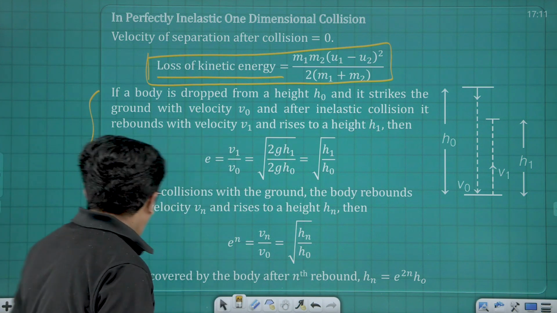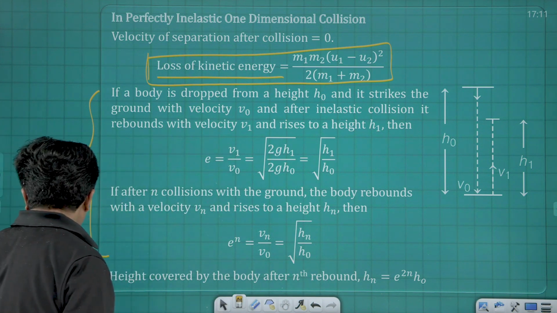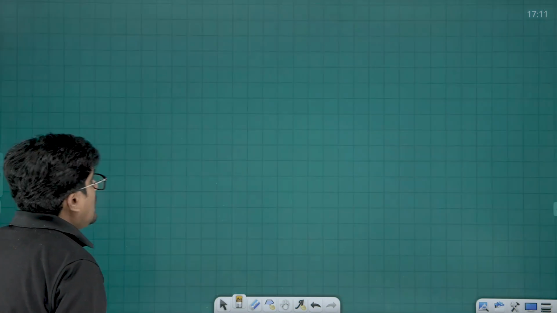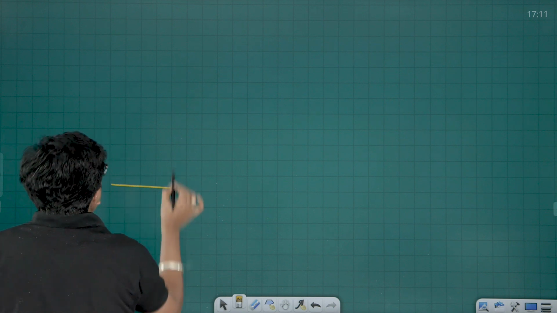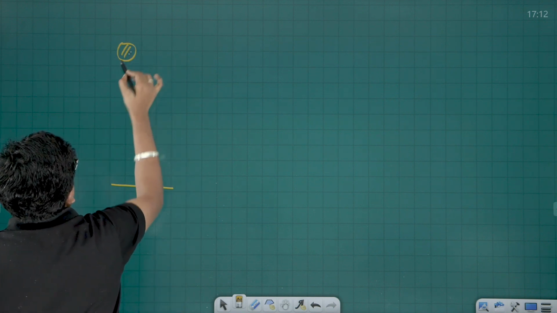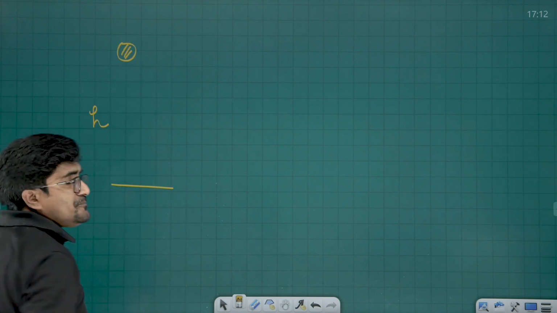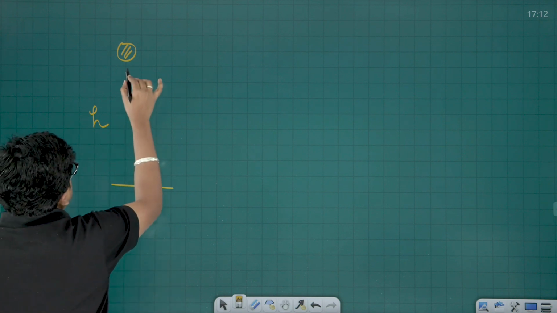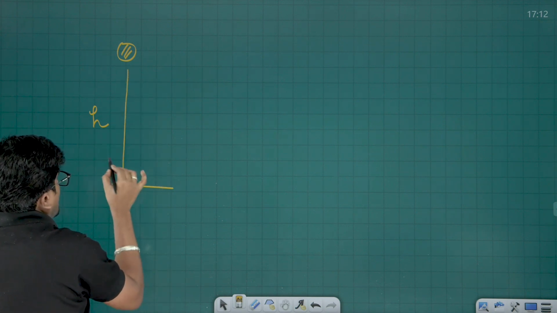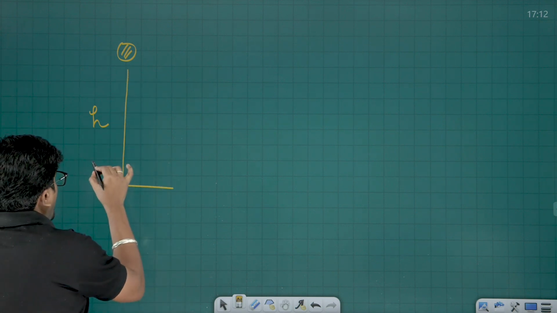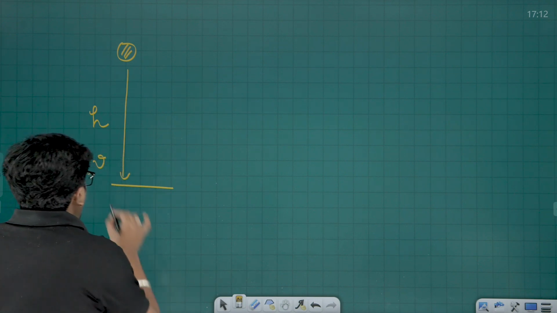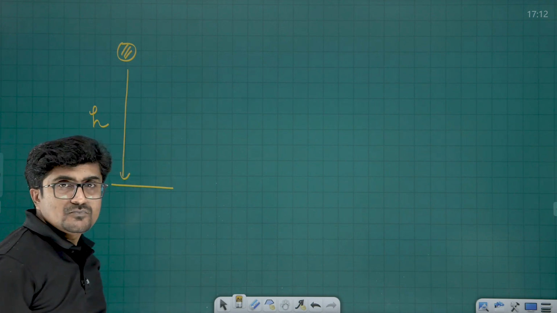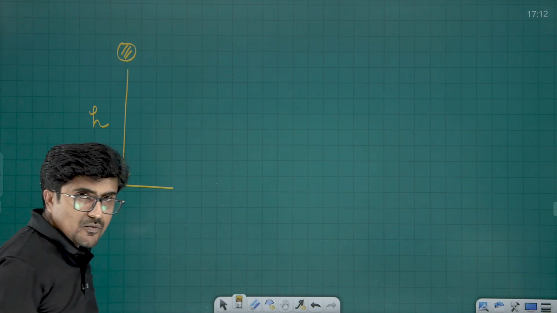I can tell you how this needs to be understood. Let a body be dropped from a height, say h. Just before hitting the ground, it's going to have a speed of v, let it be v0.